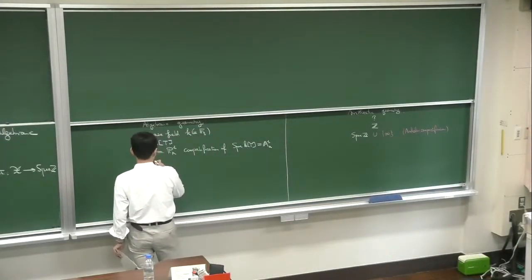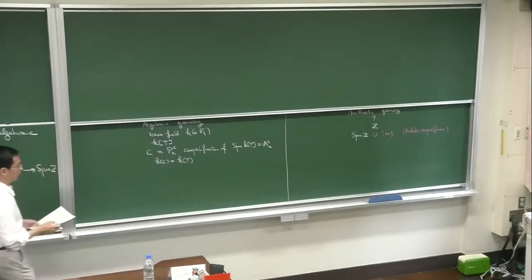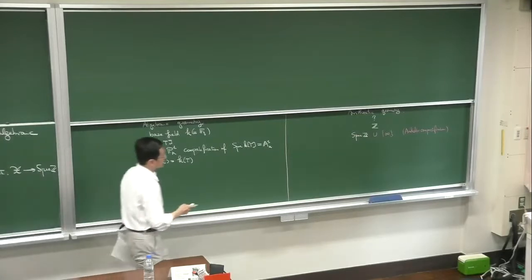Of course, you have the field of rational functions, k(C). Here it is just the field of rational functions of one variable over k.